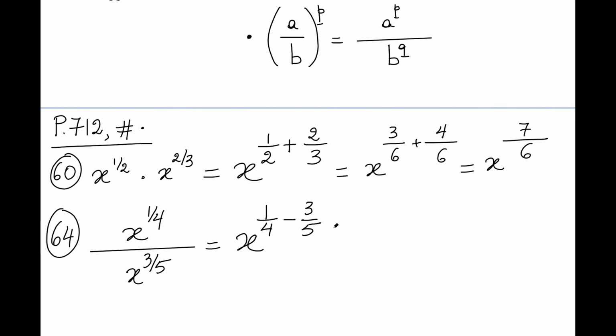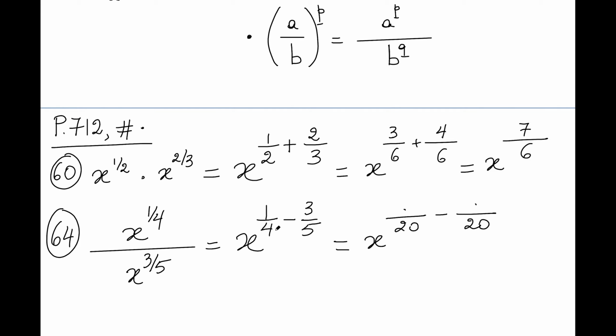All right. And now back to combining these two fractions. Well, the common denominator here is 20. So I get x to power something over 20 minus something over 20. All right. How did I get 20 from 4?